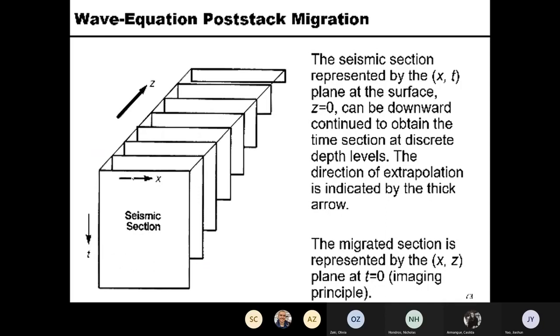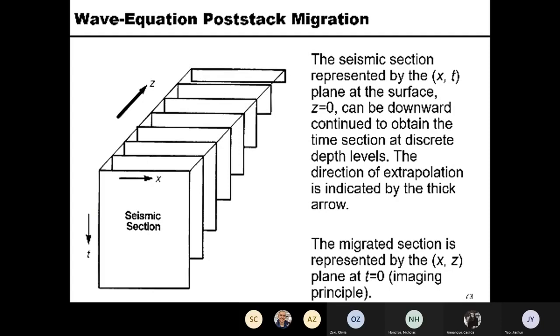Because you go downward, X is the same, but T is slightly shorter than the original T, right? T and Z are equivalent, as I said, but because of velocity sensitivity you prefer T. Okay. Now another delta T, downward continuation, another delta T, another delta. So that means it was a 2-dimensional profile, but now becomes a 3-dimensional cube, right? That's not the image.